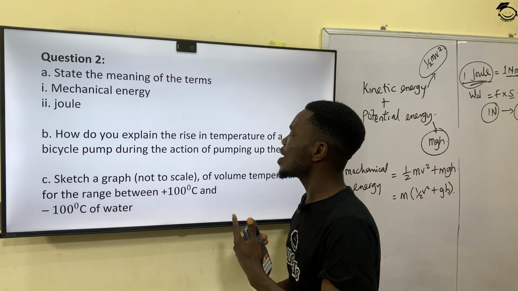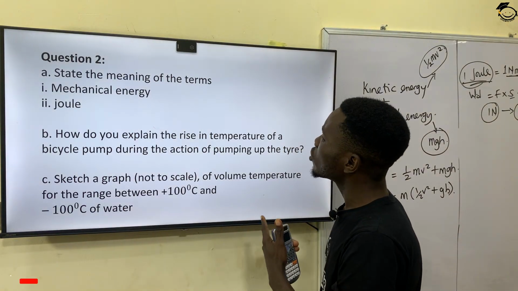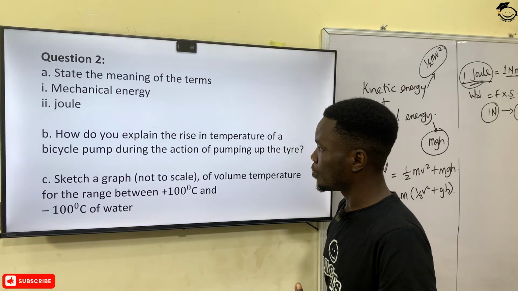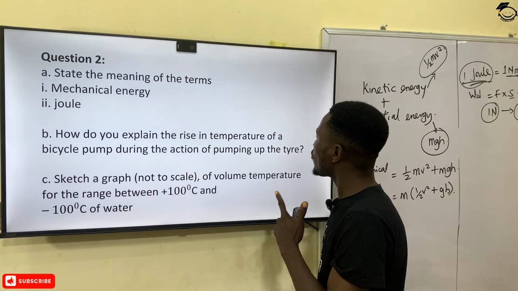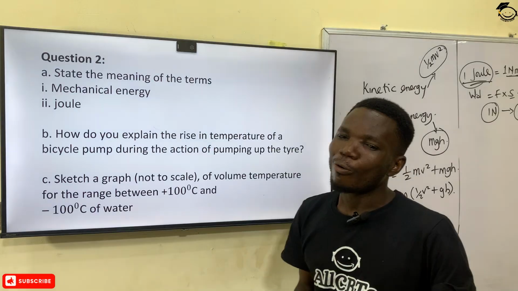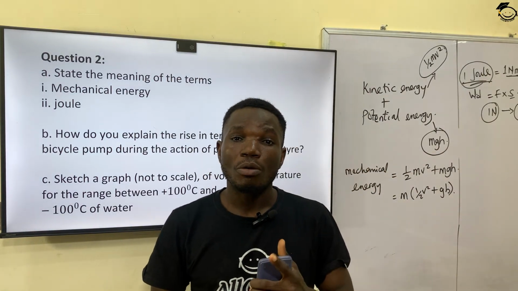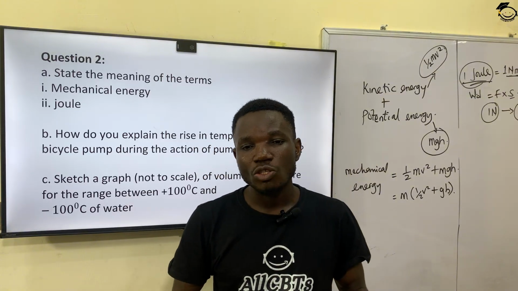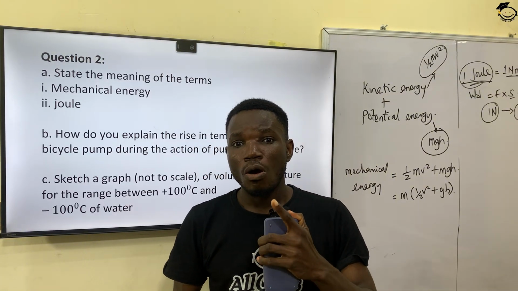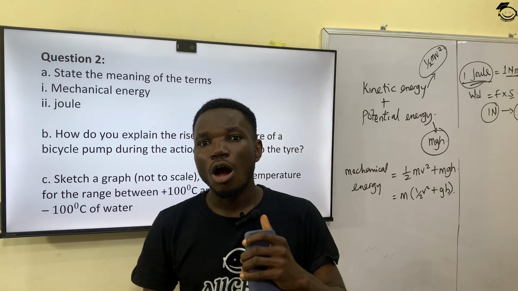It says, how do you explain the rise in temperature of a bicycle pump during the action of pumping up the tire? So they're asking that if you start using your bicycle pump to pump the tire of your bicycle, you realize that after some time the bicycle pump will become hot.